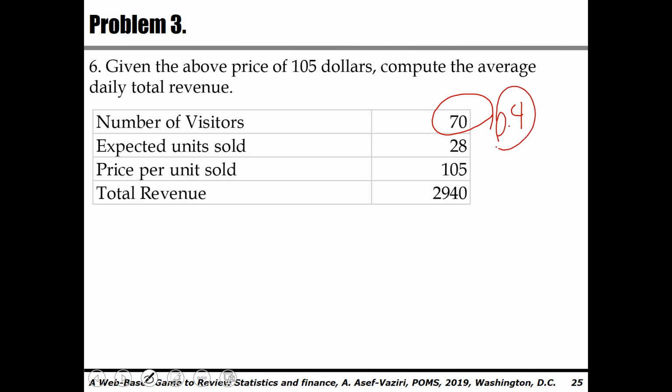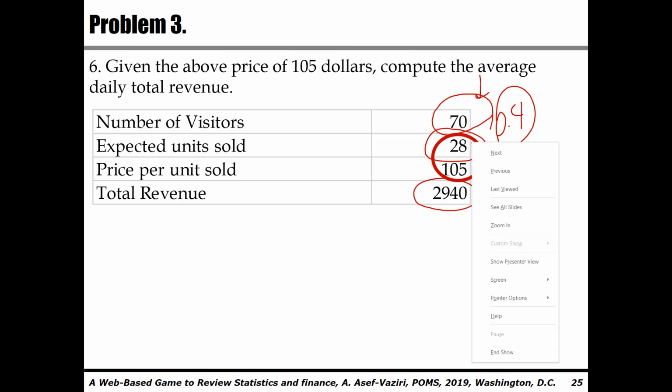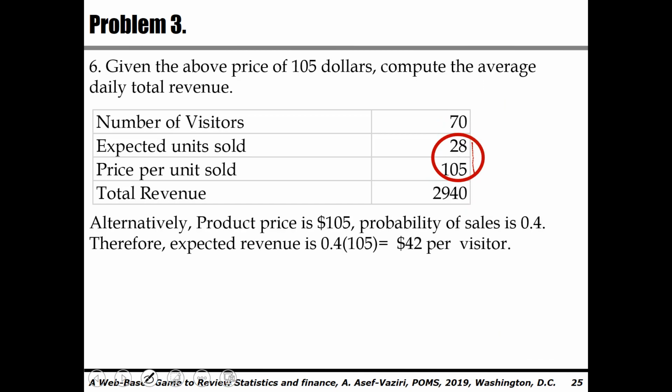If I multiply 40% by 70, expected number of units sold is 28, and each one is sold at $105. The total revenue is this. We can compute the same number in a different way. So one way is to multiply 28 by 105. The other way is 40% is probability of sales.